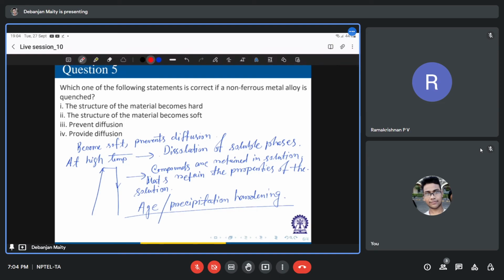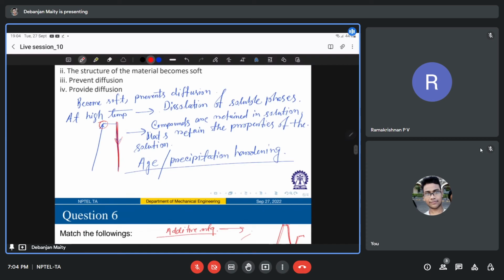Basically, in case of non-ferrous alloys, if you are doing some quenching, and even for ferrous alloys also, when you are initially heating it up, the compounds which are forming are retained in the solution if you are cooling it very rapidly.